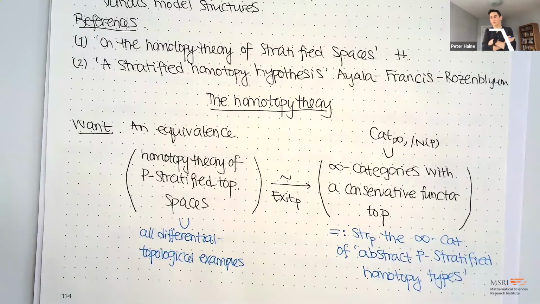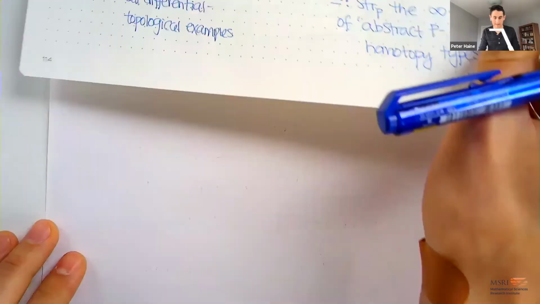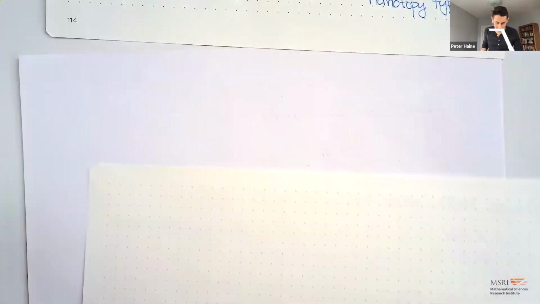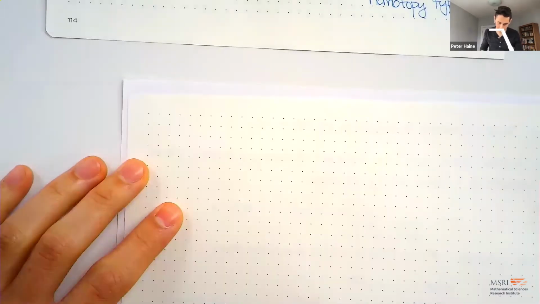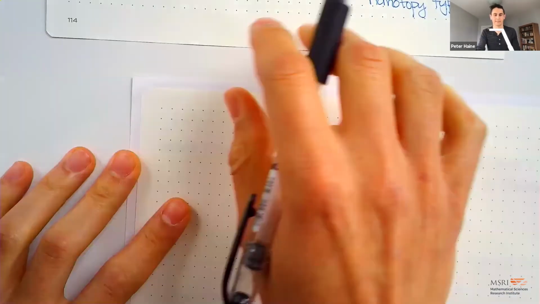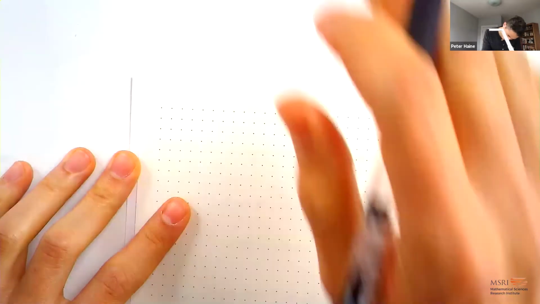And so many people have worked on this. So let me list a few people, and then I'll state the theorem, which is that this thing is actually a reality.